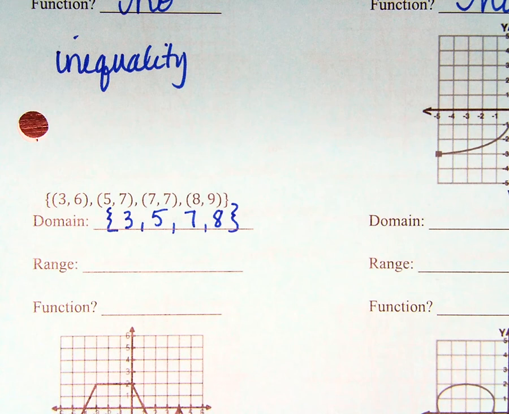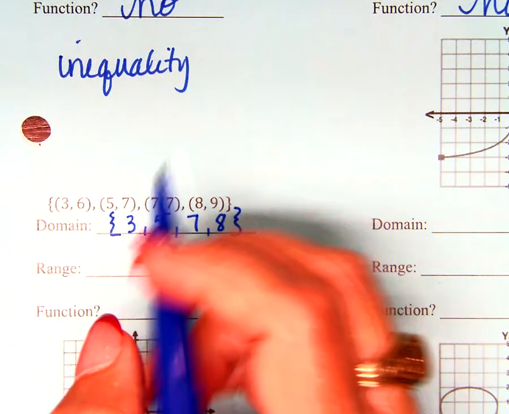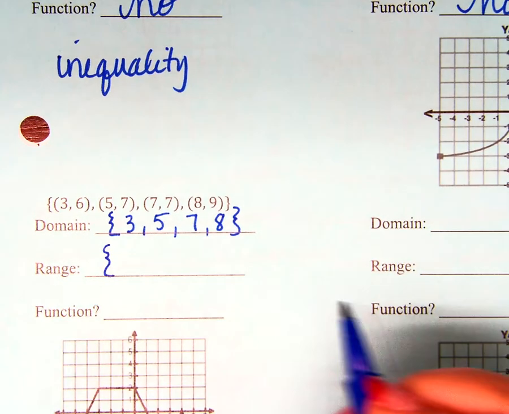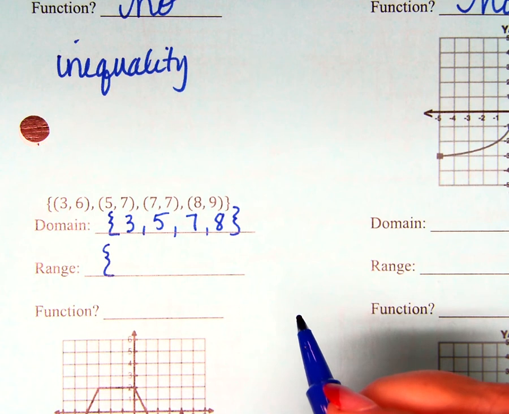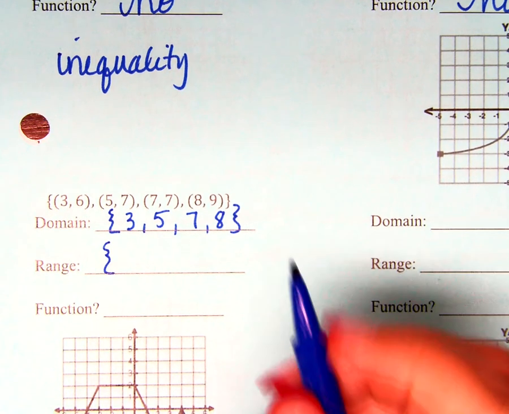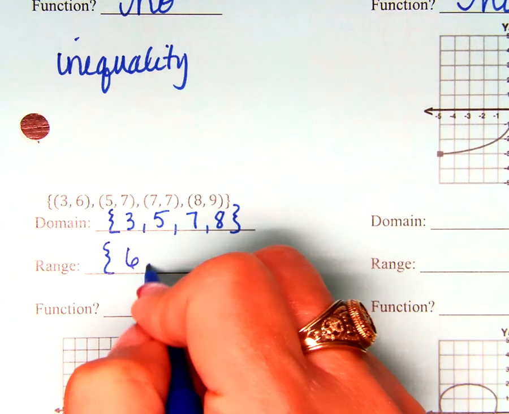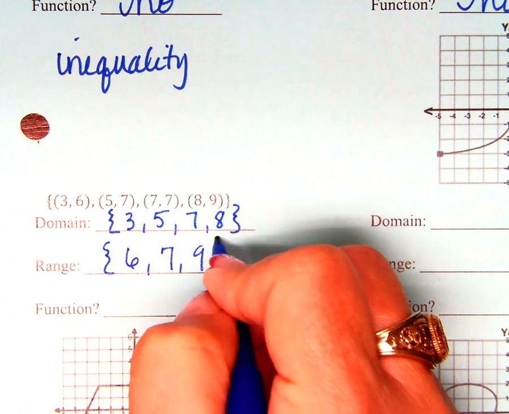What about the range? 6, 7. Do we write 7 twice? We do not. 6, 7, and 9.